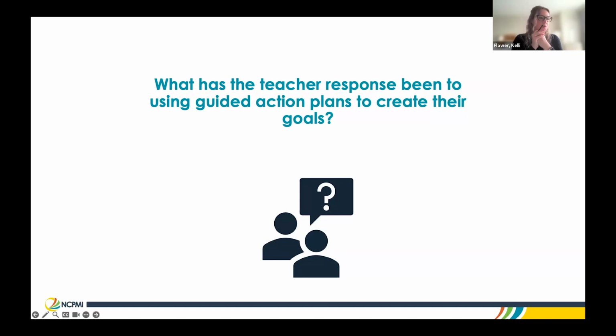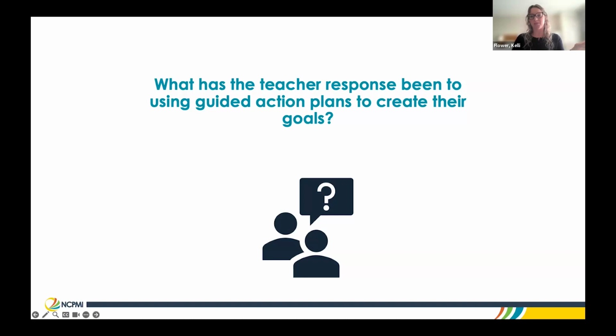And then also, in thinking about when I am not coaching my teachers anymore, they have access on the NCPMI website to guided action plans. So when they say, oh, I don't have Kelly anymore, but my kids are really struggling with using problem solving skills, they can just hop over there.